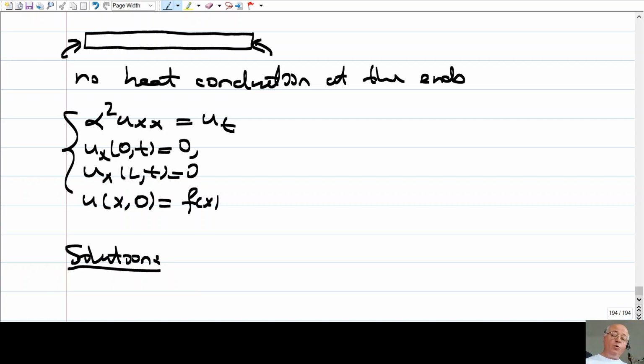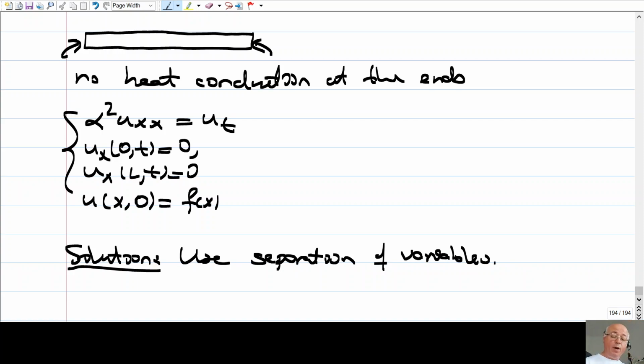So what we will do, we will go back to the beginning and start solving this using our method of separation of variables.